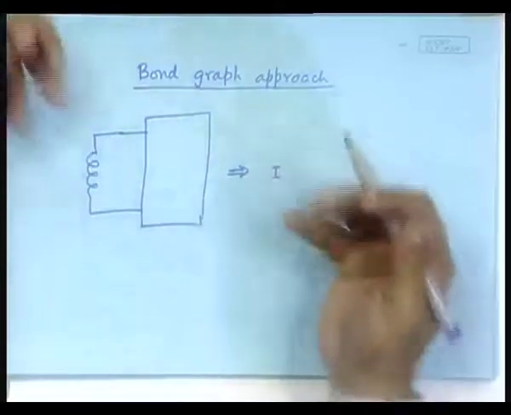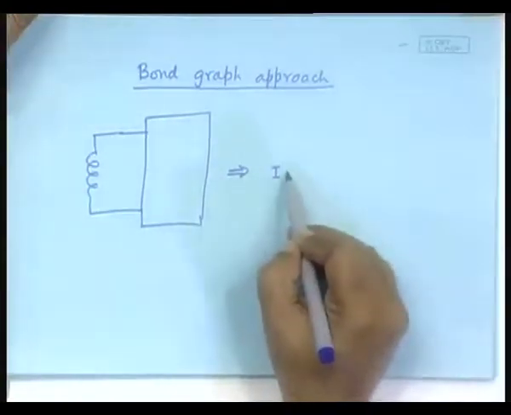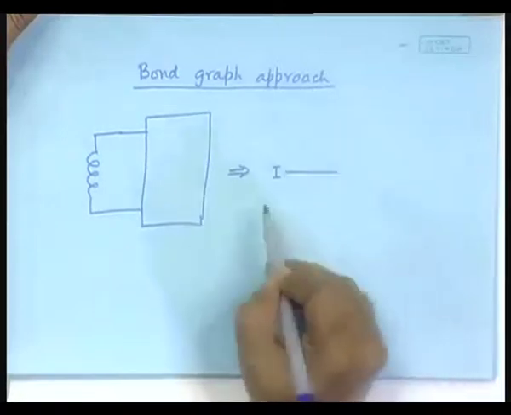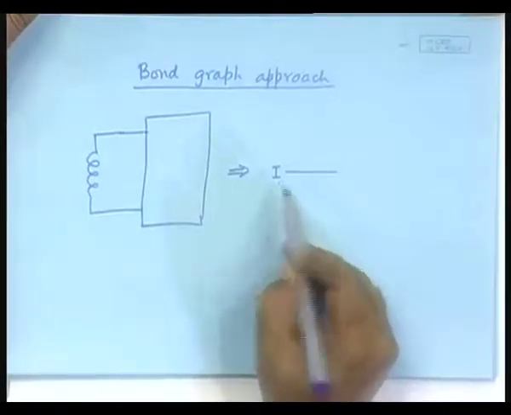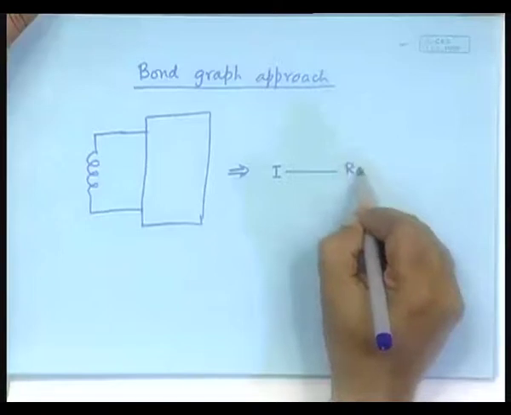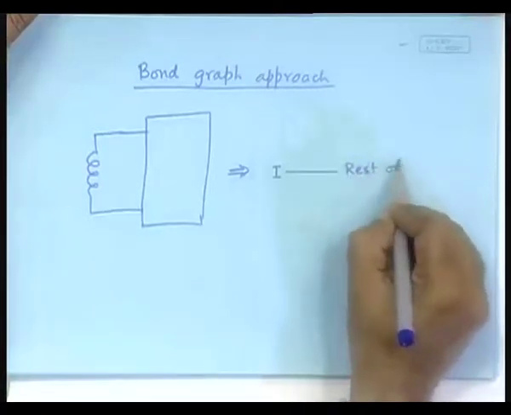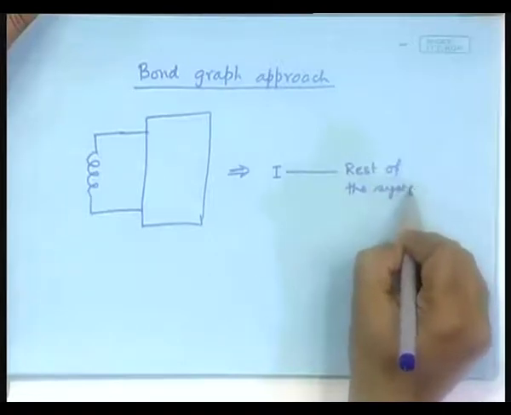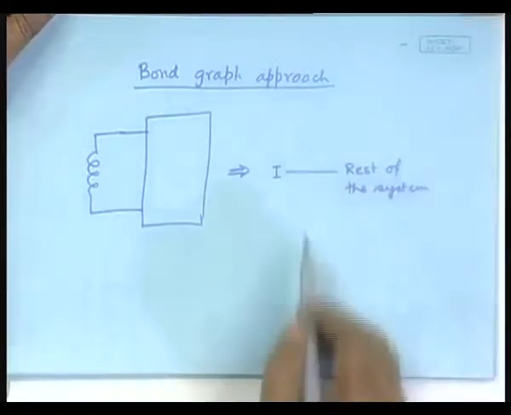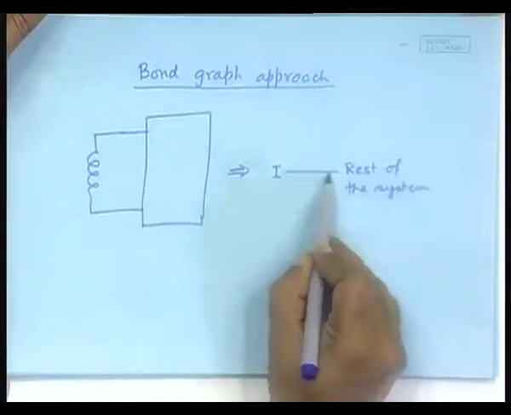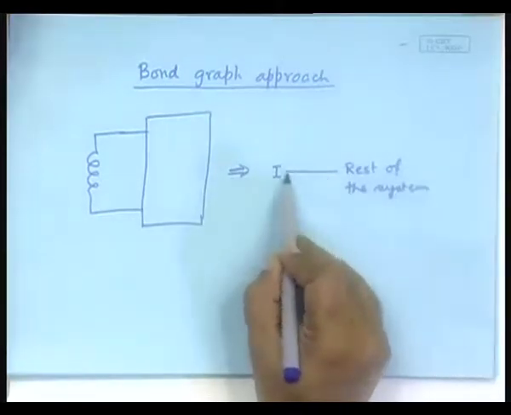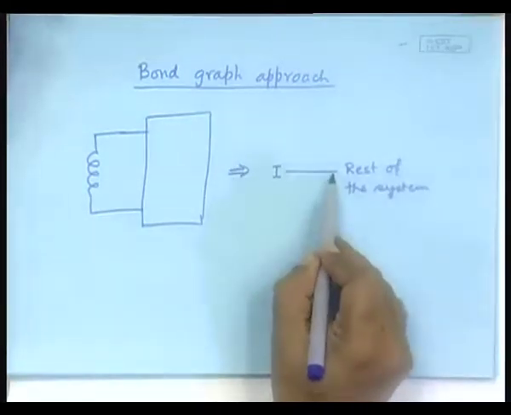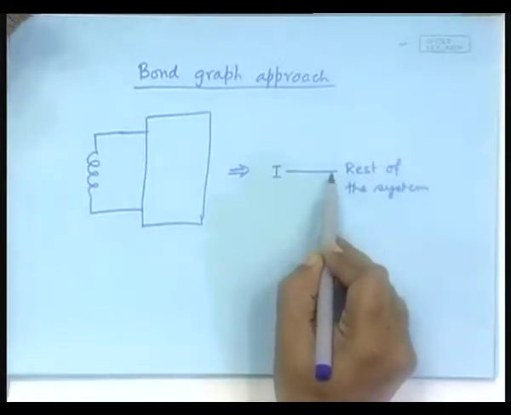In this representation, this will be connected to a bond with the rest. So, I connected with the bond. Now, this bond will then carry power, flow information, effort information.